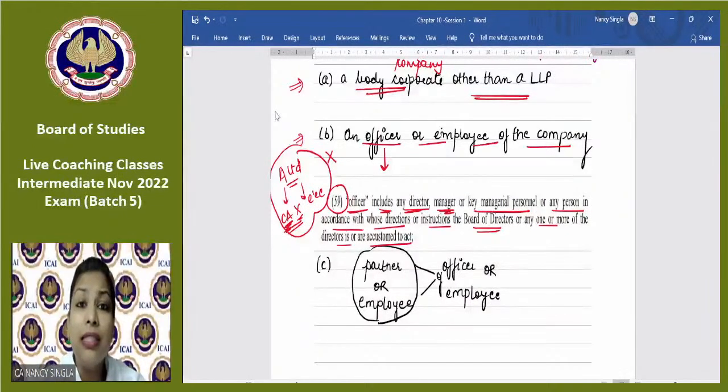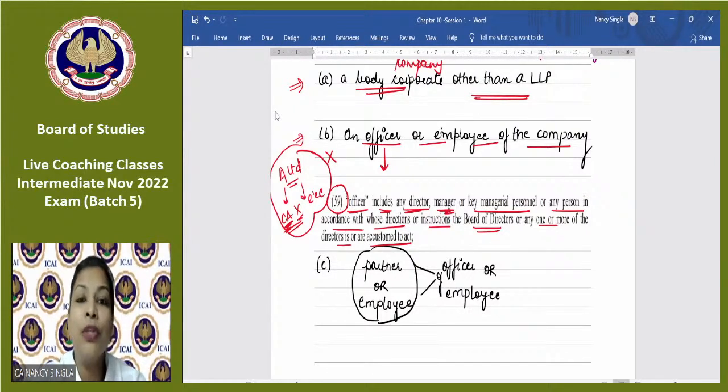Why? Because he is not independent. If he's an employee, his salary has to come from the company. His bonus has to come from the company. He's subordinate to the management. So he cannot be unbiased in such a situation. He would be biased and thus not independent.